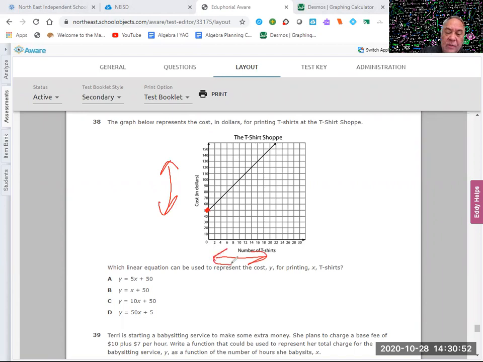Pick any 2 points. You can pick the starting point and the end point if you want, there and there. You can figure out that value, or you can pick there and there. It just doesn't matter. But as rise over run, it'll be the slope times the input variable plus the starting point, which is the b part right there.